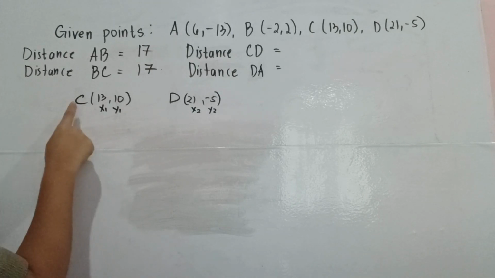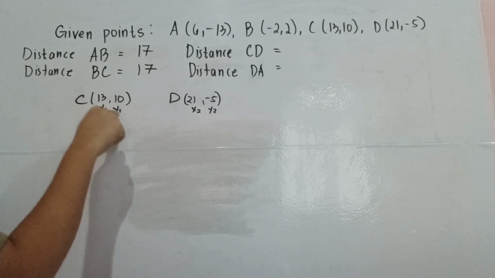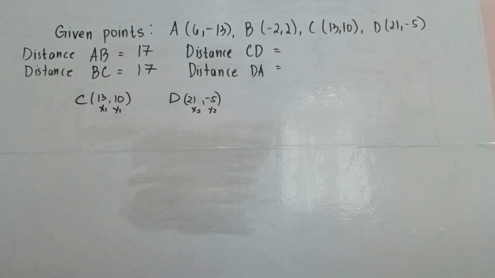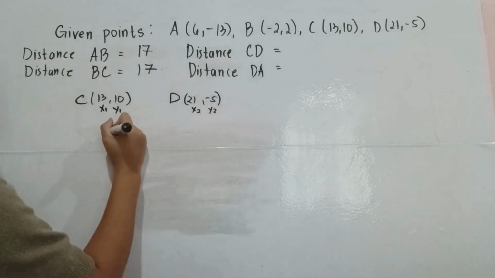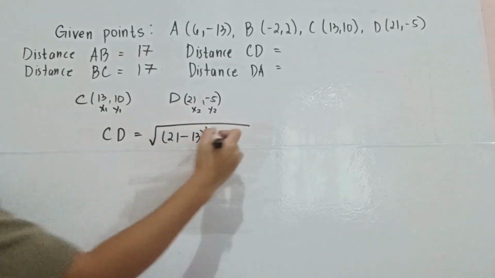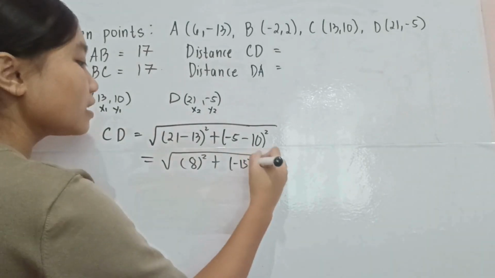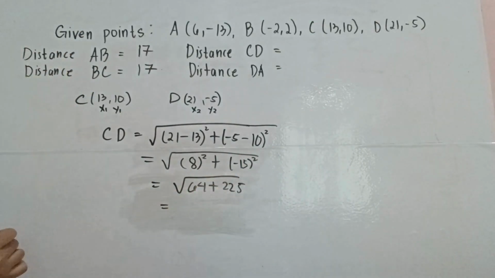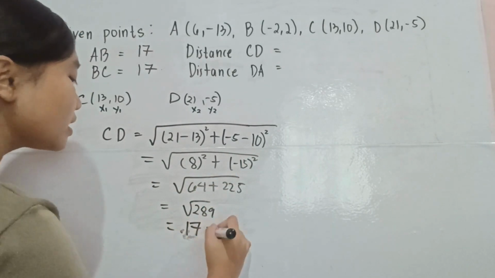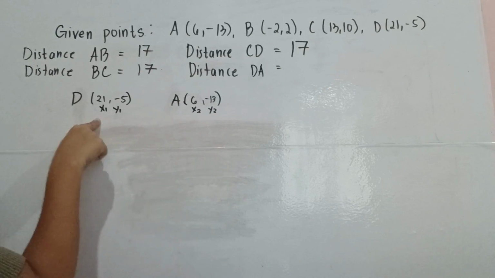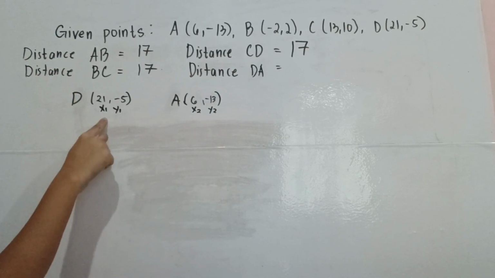Now, let's calculate the distance between point C and point D. For the x and y values of our point C, we will have it as our x sub 1 and y sub 1. For point D, its x and y values will be our x sub 2 and y sub 2. Now, let's substitute these values into our formula. Lastly, we will calculate the distance between point D and point A. So we have here our x and y values for D and A. For D, we have 21 and negative 5, which will be our x sub 1 and y sub 1.